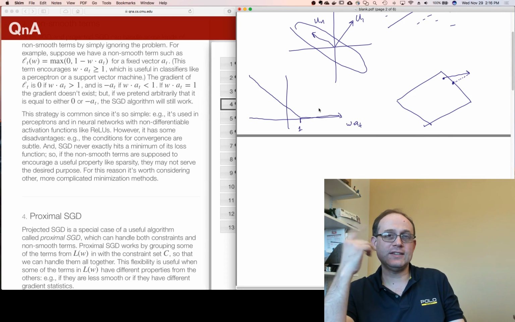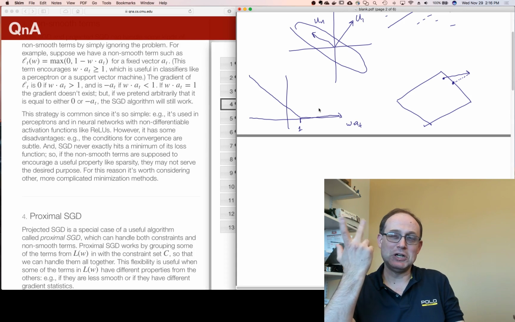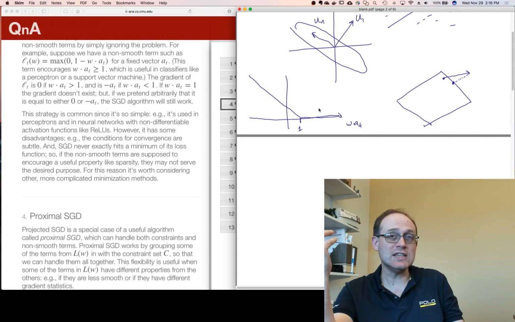That sounds like a horrible hack, and maybe it is, but in fact, it's guaranteed to work in some circumstances. So for example, for convex minimization, it doesn't matter if your loss terms are not differentiable everywhere, so long as they're convex.